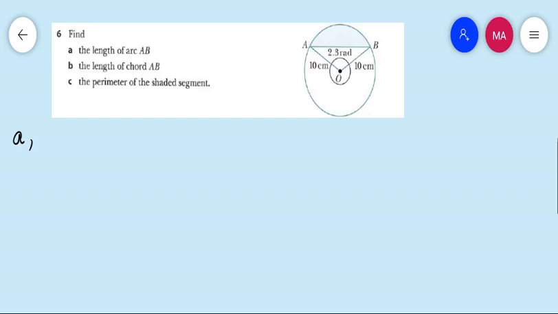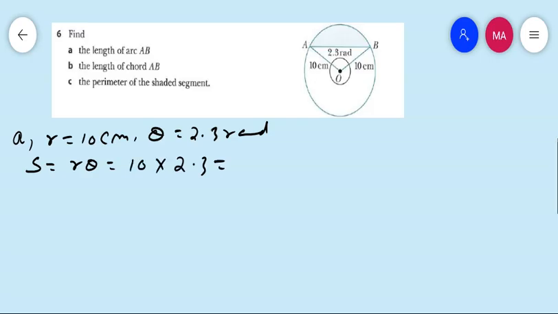Very easy. Radius is given 10 centimeter and theta is given 2.3 radians. So S is equal to r theta, 10 multiplied by 2.3. 10 multiplied by 2.3 is 23 centimeter.